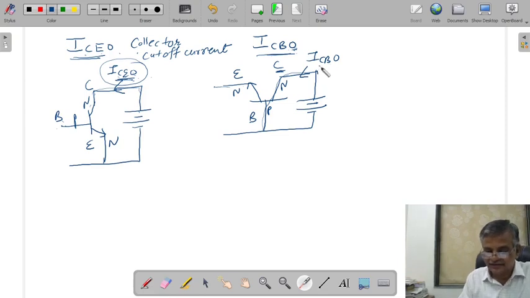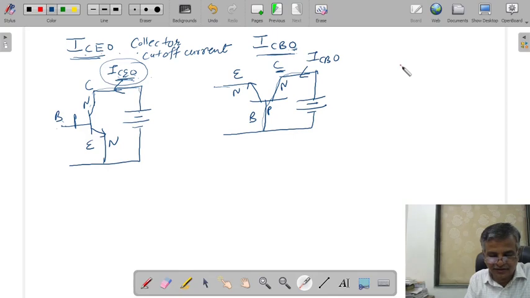Again, C, B, and the emitter is not there. So what does it mean? The emitter is open. So when the emitter is kept open or open circuited, then the current flowing from collector to base is called leakage collector current, ICBO, or reverse leakage collector current, ICBO.